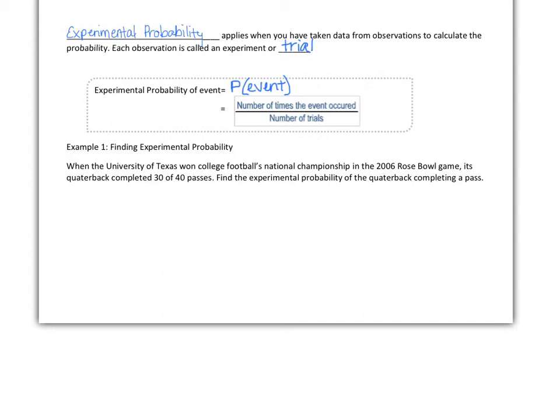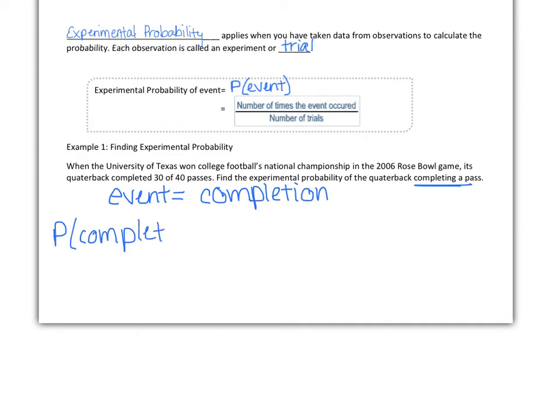So our event that we're talking about, what do we want to know happened? We're talking about completing a pass, so we'll call that completion. So our event is completion, and the probability of the completion is the number of times it occurred over basically the attempted, the total number of trials. Okay, so how many times was the pass completed? 30 times.